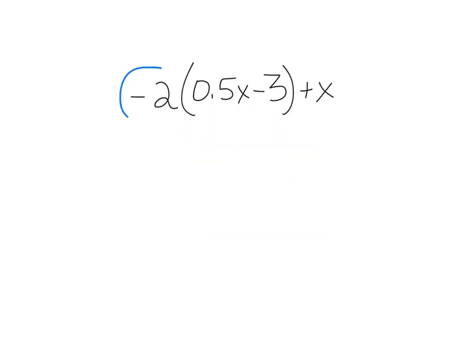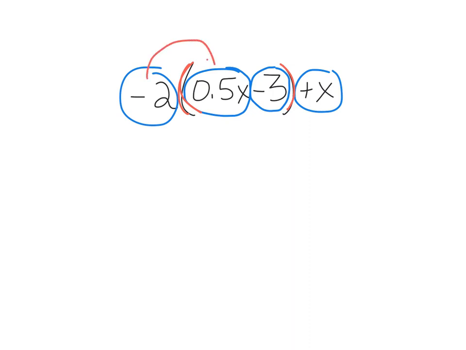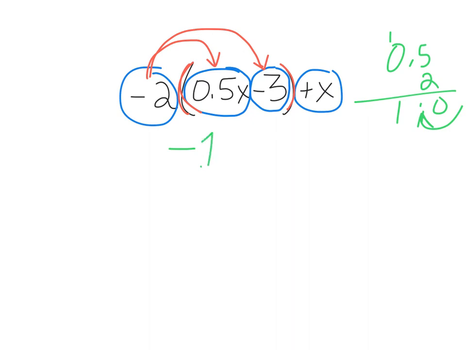Okay, last problem here. I have a negative 2, a decimal, 0 and 5/10 x, negative 3, and then a positive x outside of the parentheses. So I want to distribute this negative 2 to the terms that are inside the parentheses, or the grouping symbols. So what's negative 2 times 0 and 5/10? It's going to be negative something. One spot there, so move that over once. So that's going to be a negative 1x. And then negative 2 times a negative 3 is a positive 6.